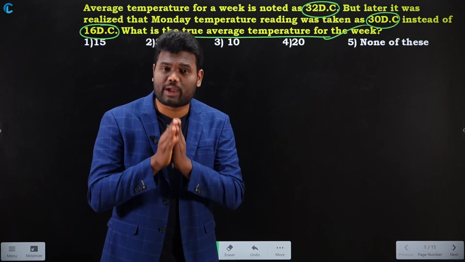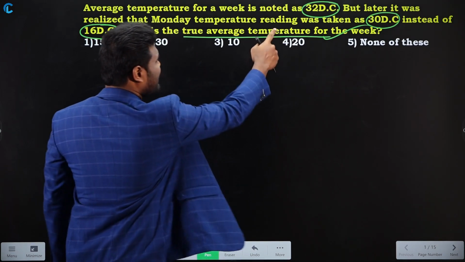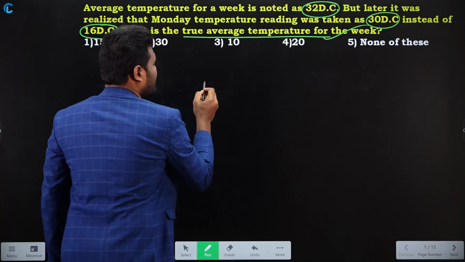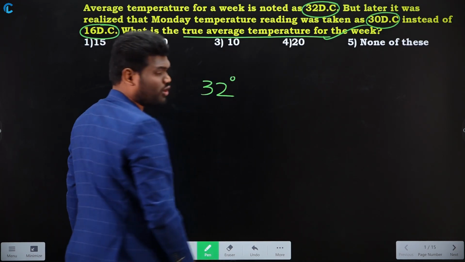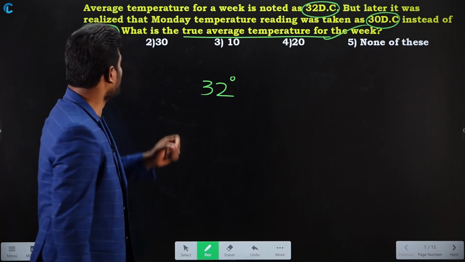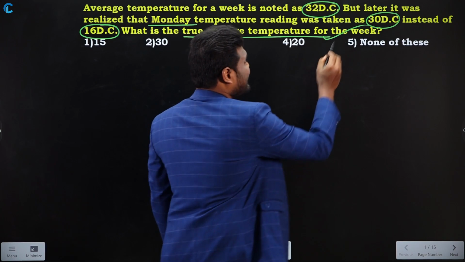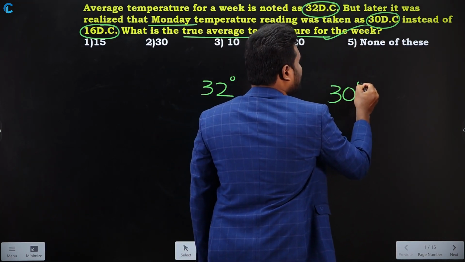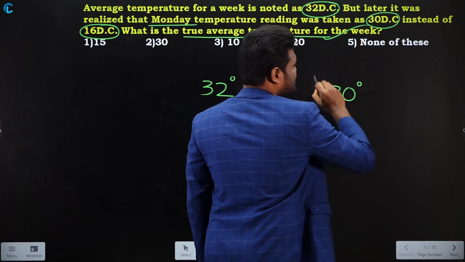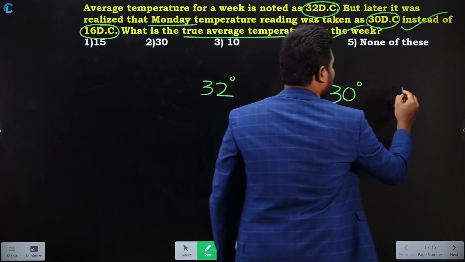These questions are very simple. Just observe here carefully. Now actually, what is the average given? Average for the whole week is 32 degrees Celsius. But it is said that Monday temperature reading was taken as 30 degrees Celsius instead of 16 degrees Celsius.